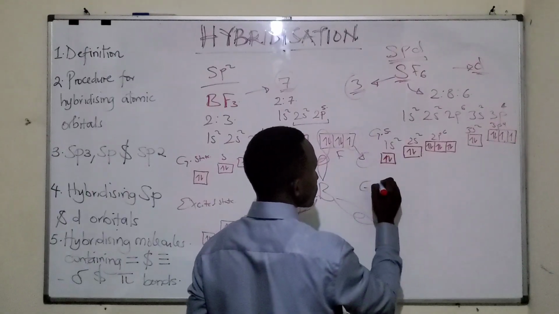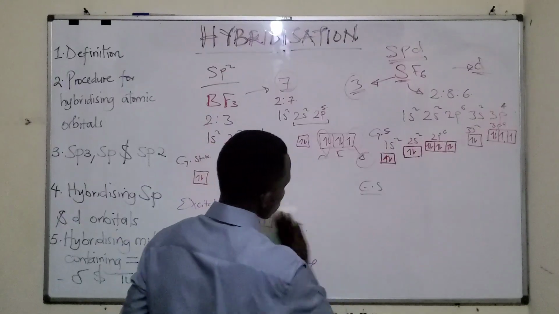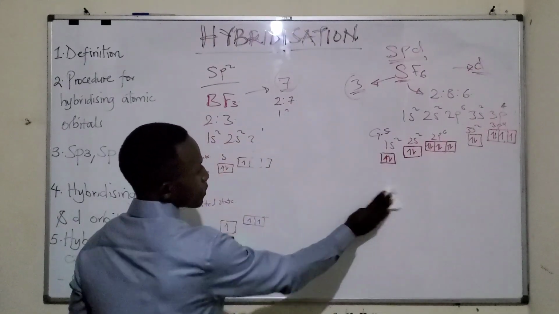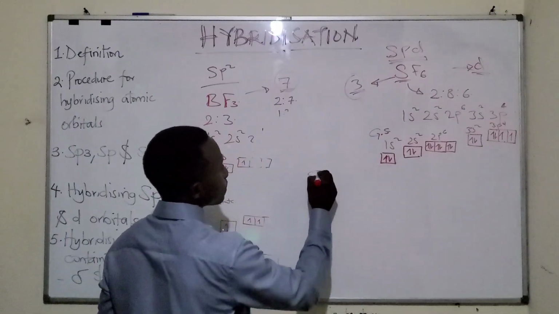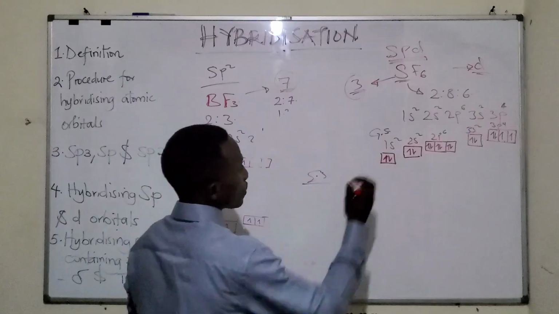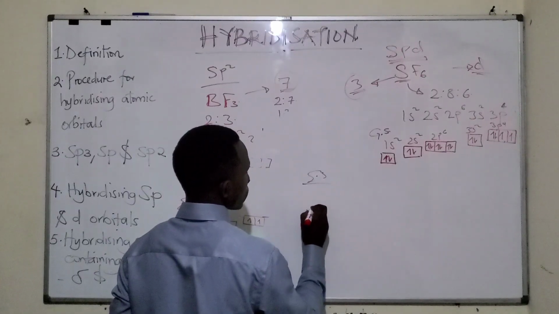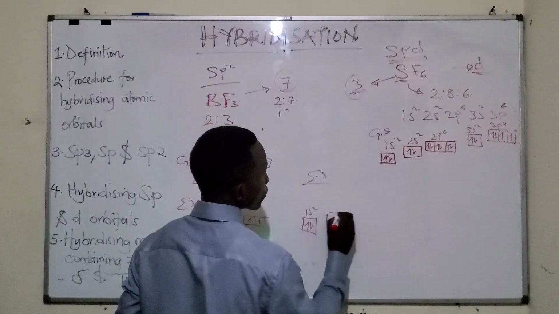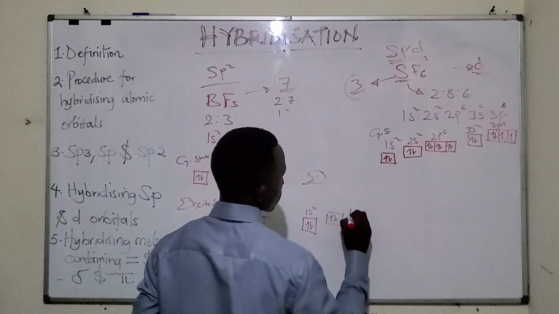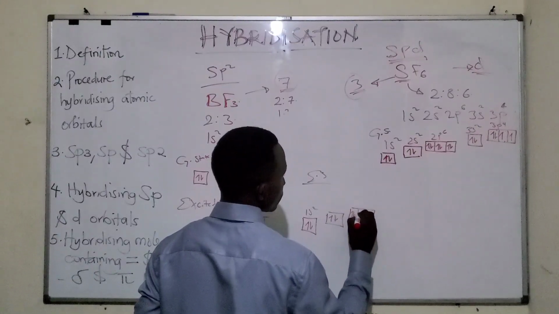At excited state, we shall have 1s2, then 2s2, 2p6, they are all filled.